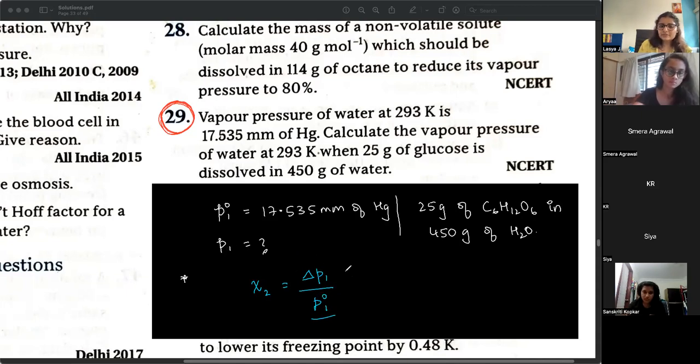From that you'll get P1. If you want to make things easier, you can also write it as P1 naught minus P1 by P1. Mole fraction also you can find because you're given the masses. From here you can calculate the mole fractions easily.